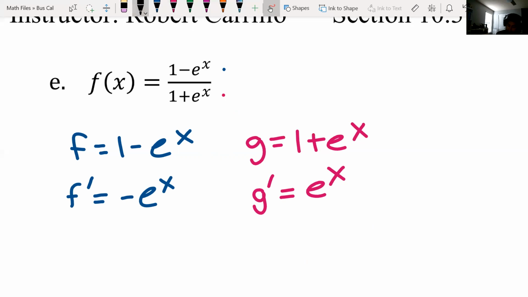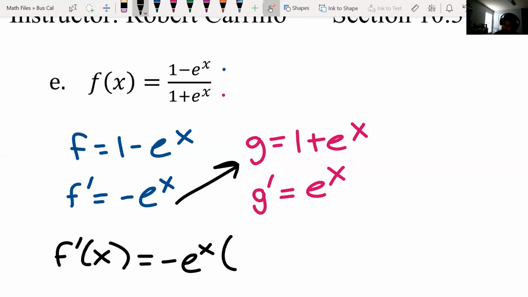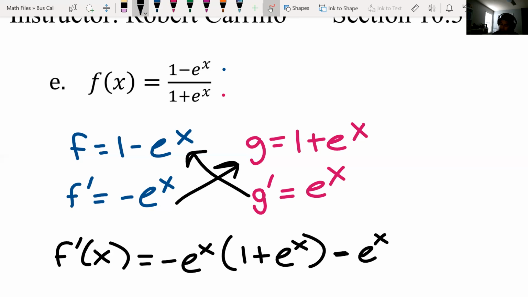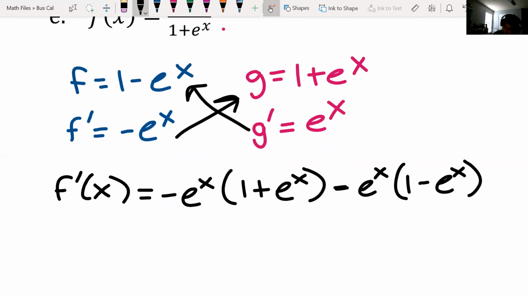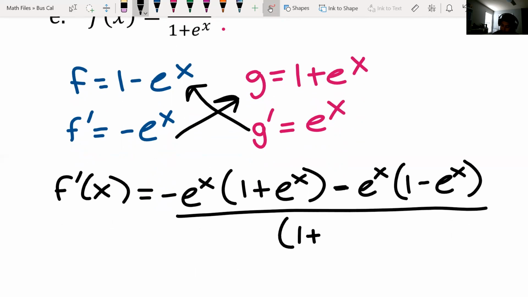We're taking the derivative of f of x. So notation is f prime of x. And here we go. F prime g, negative e to the x times 1 plus e to the x, minus g prime e to the x times f, 1 minus e to the x, all over 1 plus e to the x squared.